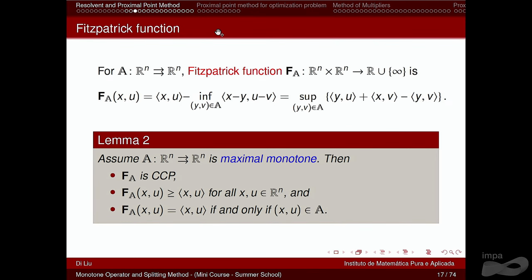The definition is F_A(x,u) equals the inner product of (x,u) minus the inf of this inner product, where the inf is over (y,v) belonging to the graph of A. Since this has nothing to do with (y,v), we can convert the inf to a sup and put the inner product inside.